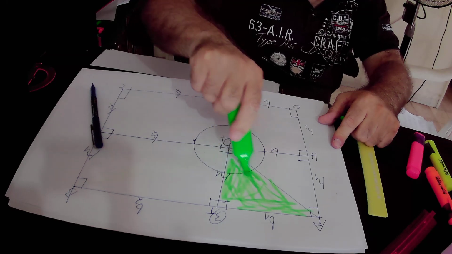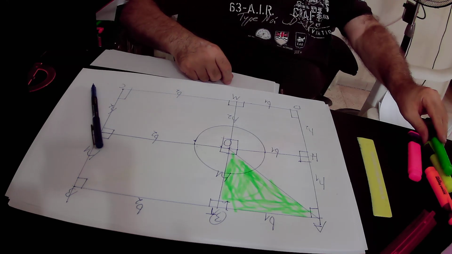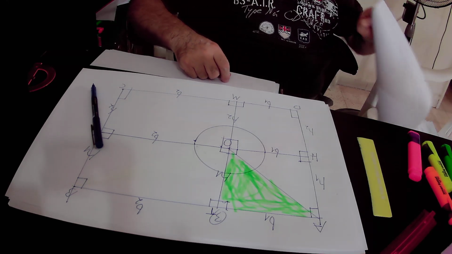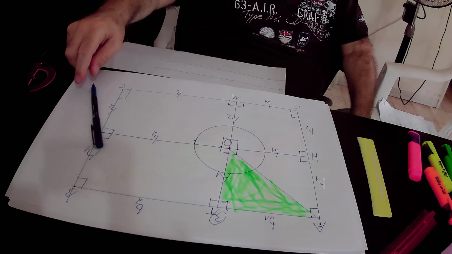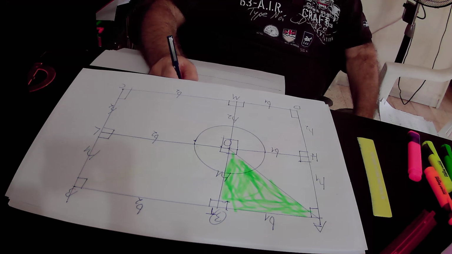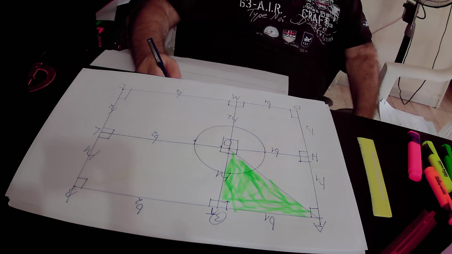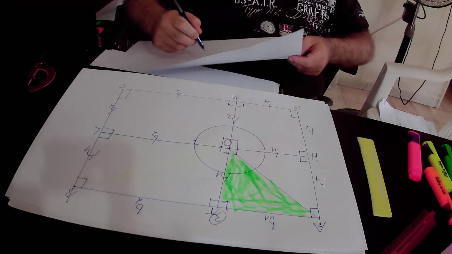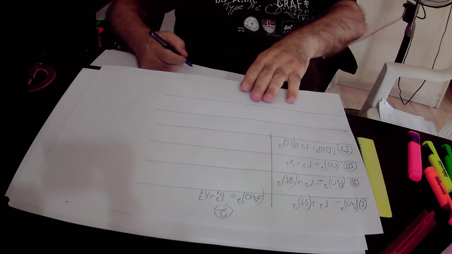According to the Pythagoras theorem, AO squared equals B1 squared plus H1 squared. Repeat again, in the right green triangle ATO, according to the Pythagoras theorem, AO squared equals B1 squared plus H1 squared.